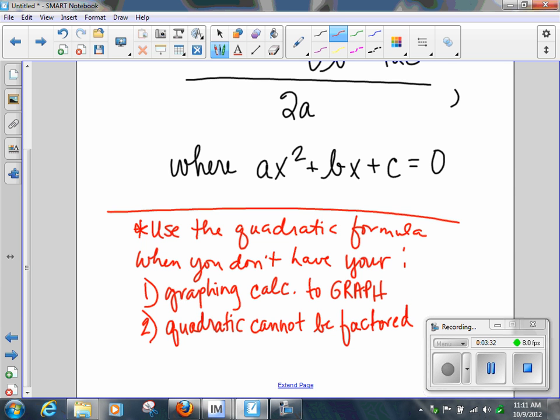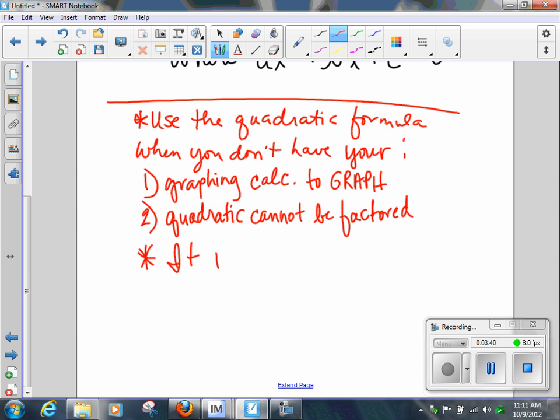But the thing to remember, it will always, always, always work. And always means always. 100% of the time, you can use the quadratic formula for every single quadratic equation I give you, and you can get the solutions. It may take you a little while, but it would work.